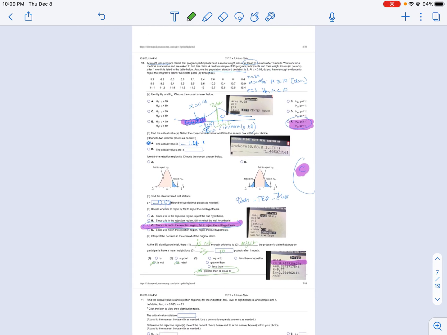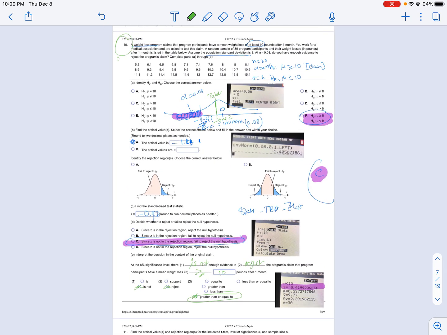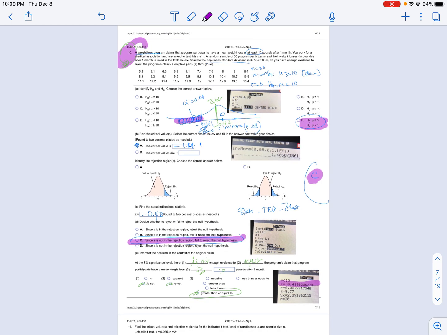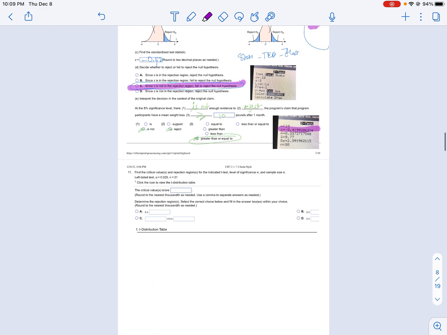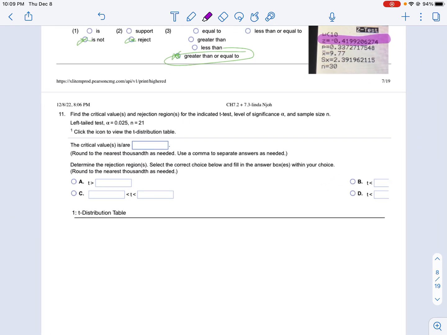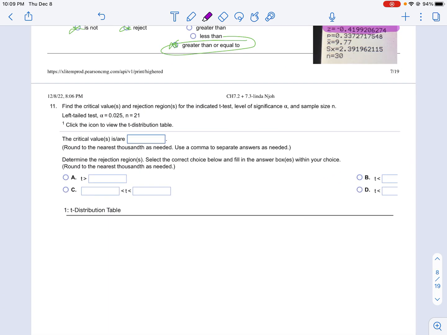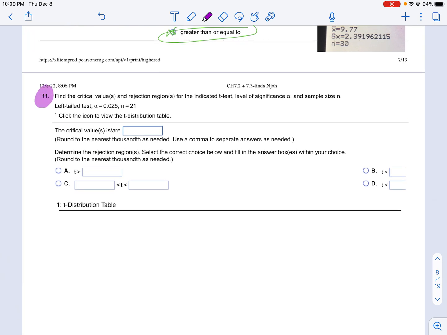All right, so this is it. Make sure you can do something like that. Pause the video, watch how I work it out. This is a left tail test.